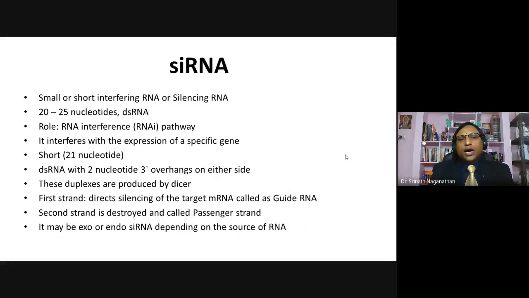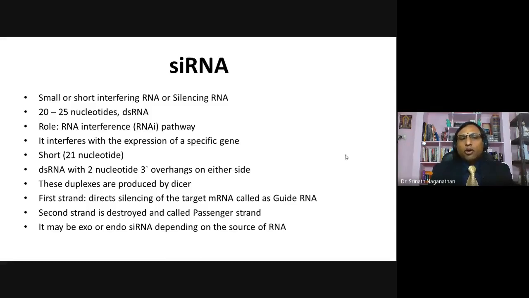During RNA interference, for blocking or removing genes for genetic analysis as well as for treatment purposes in gene therapies, siRNAs are used. Here 20 to 25 nucleotides are present, which are double-stranded RNAs, and the role is in the RNA interference pathway, which is used commonly nowadays in plant biotechnology, molecular plant breeding, and various gene therapies. So it interferes with the expression of a specific gene.